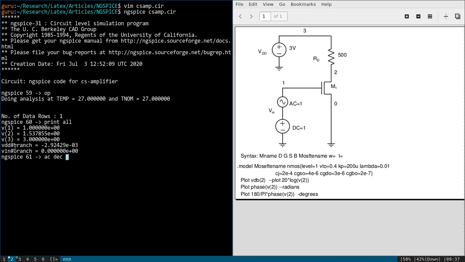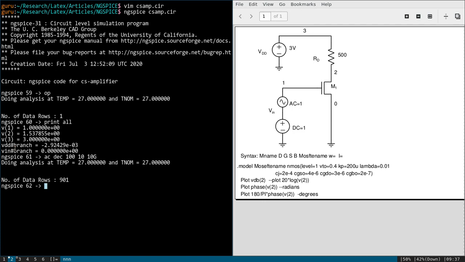And number of points per decade, so 100 points per decade we will consider. And starting value, let it be 10 Hertz. And final frequency, let it be 10 gigahertz. And let us plot as it has performed.